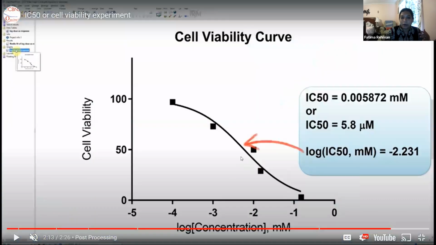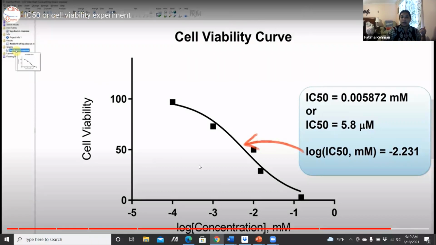So the actual graph part, he goes over really quickly, but basically it talks about how you would take the log of the concentration on the x-axis and the cell viability on the y-axis, and you would look at the 50% point, when 50% of the cells are dead. That's equivalent to the concentration of the drug that is needed to kill 50% of the cells.